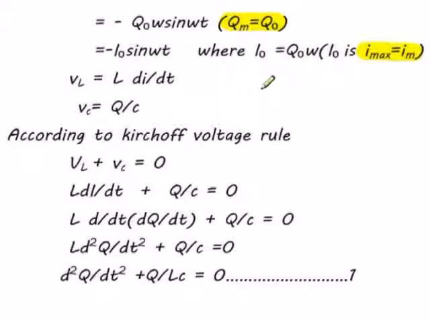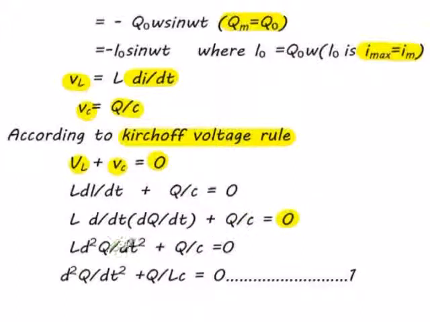Now, the PD across the inductor, VL, is given by L into di by dt, and the PD across the capacitor, Vc, is given by Q by C. Applying Kirchhoff's voltage rule for the tank circuit, VL plus Vc equals 0, which means L into di by dt plus Q by C equals 0, which means L into d by dt of dQ by dt plus Q by C equals 0.